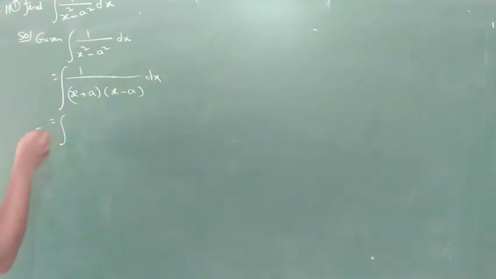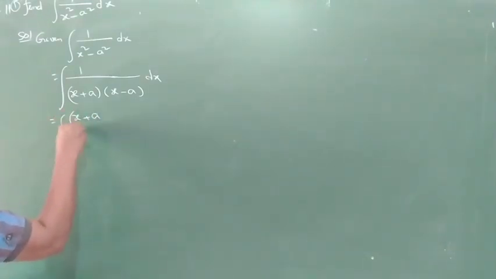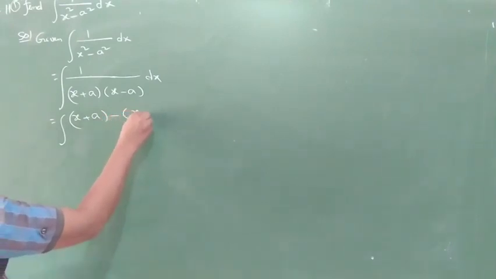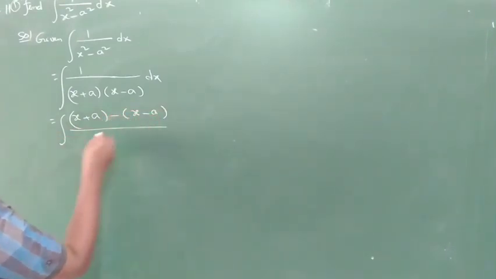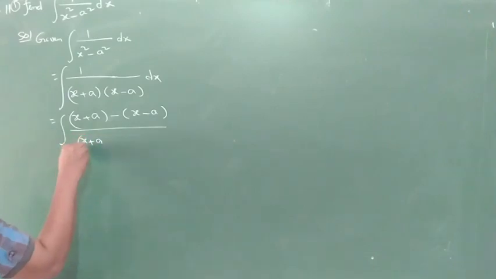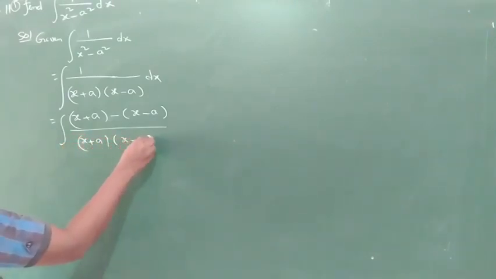So that is equal to integral x plus a minus of x minus a by x plus a into x minus a dx. Simplify: x plus a minus x plus a, x cancels, plus a minus of minus a, plus a plus a is equal to 2a. So 1 by 2a divided.